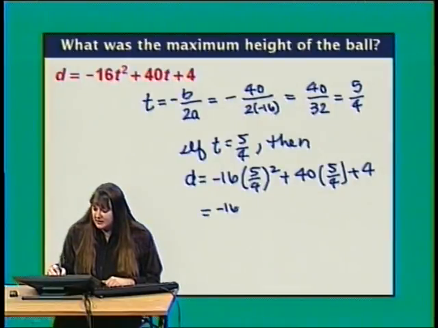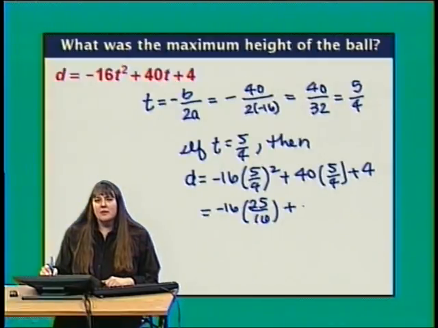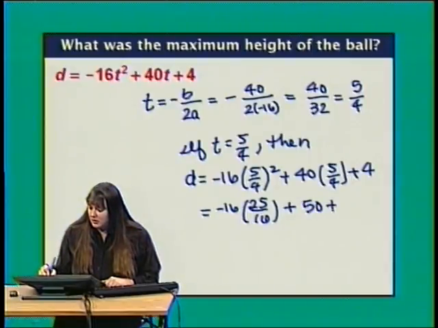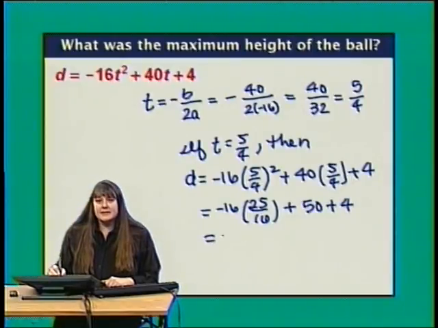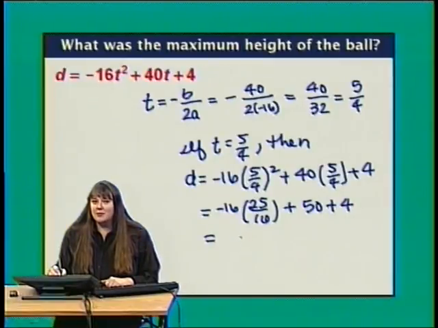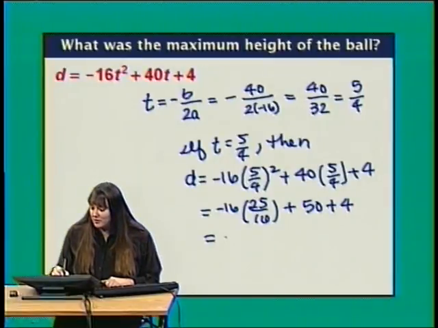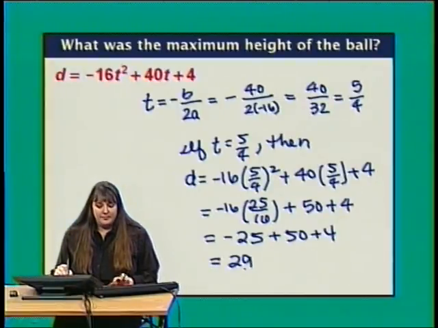That's negative 16 times 25/16 plus 4 goes into 40 10 times. 10 times 5 is 50 plus 4. 16 goes into negative 16 negative 1 times. Negative 1 times 25 is negative 25. So I have negative 25 plus 50 plus 4, which is 25 plus 4, which is 29.